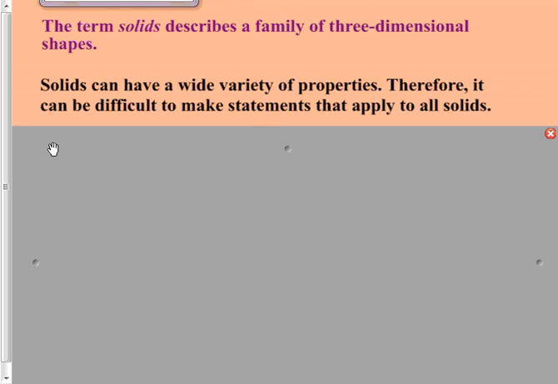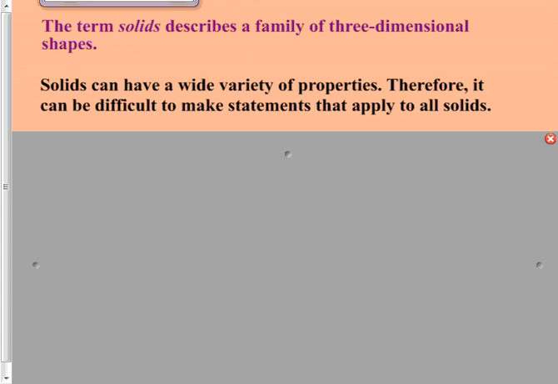Now, solids can have a wide variety of properties, so it's difficult sometimes to make statements that apply to all solids. They come in many shapes, many sizes, many numbers of sides, numbers of vertices, numbers of edges, and stuff like that, and we'll get into all of that in the coming days.